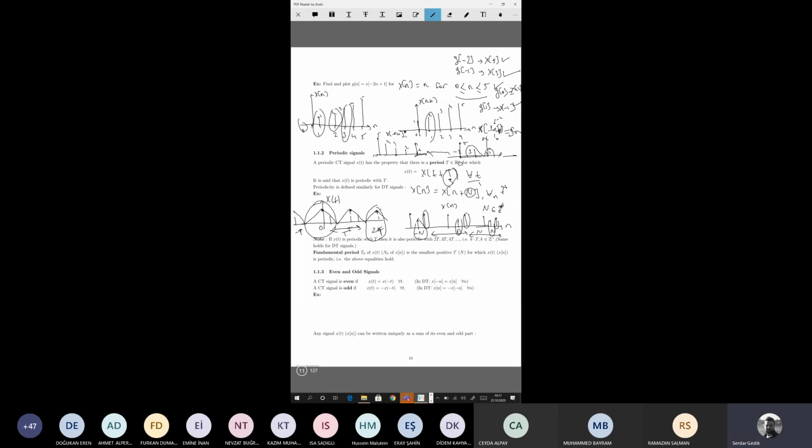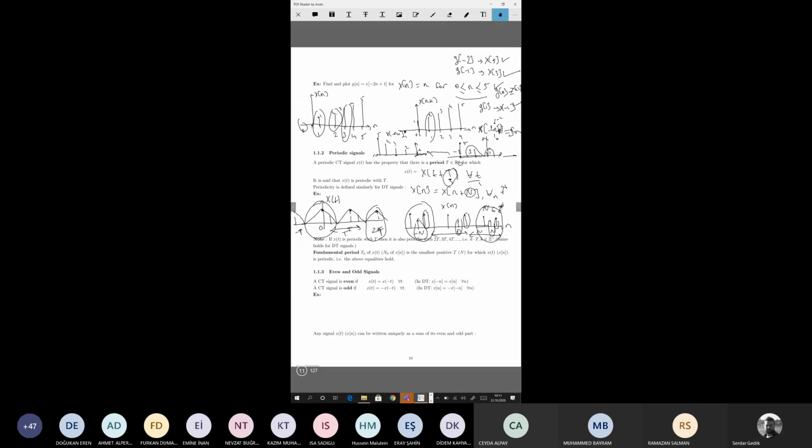This signal is equal to this signal, right? This is the general idea. The same also holds for discrete time signals. The signal repeats itself with capital N, but also with capital 2N.